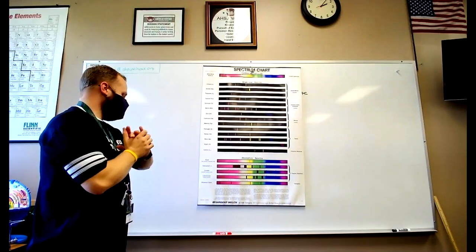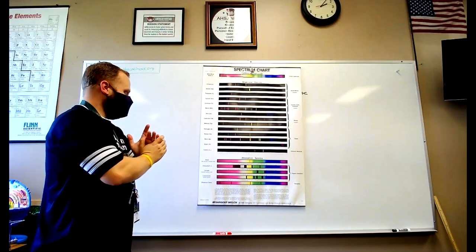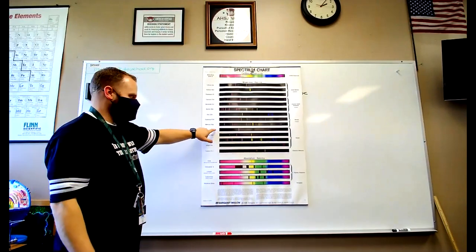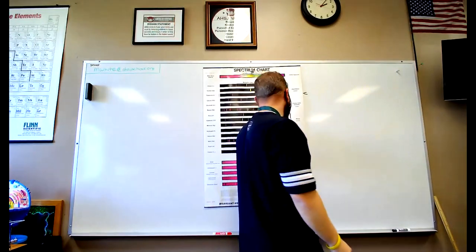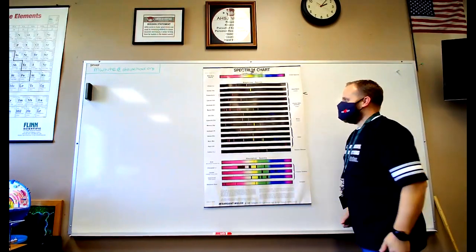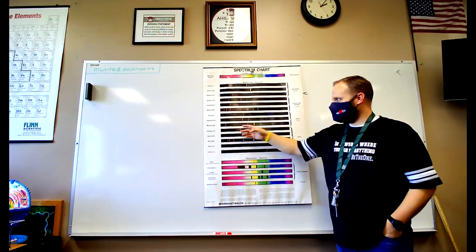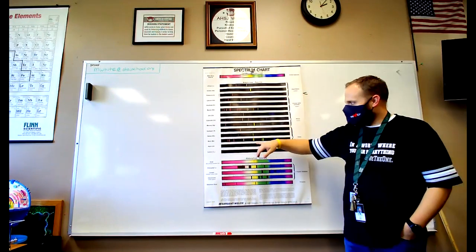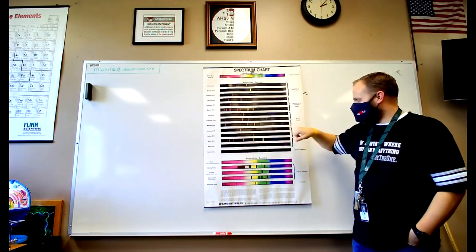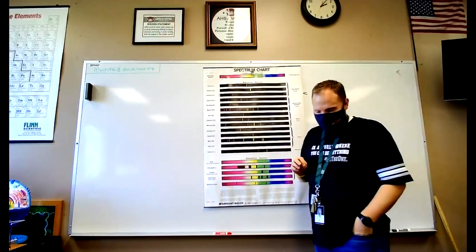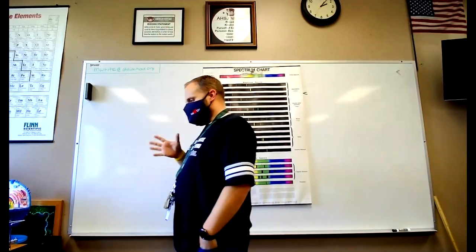Now, what Bohr was working with is actually hydrogen. So this one right here. Hydrogen is one of the simplest ones, as you can see. We have 4 lines in the visible spectrum. Okay. And he realized something.